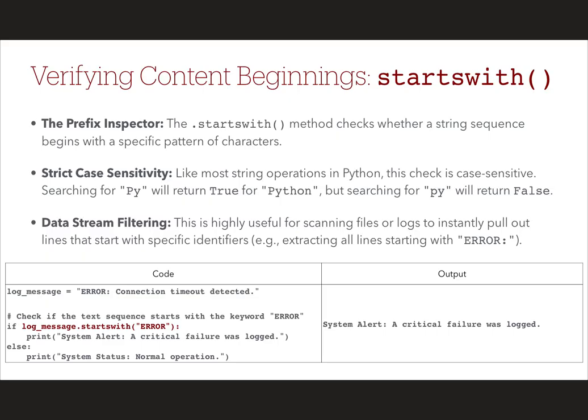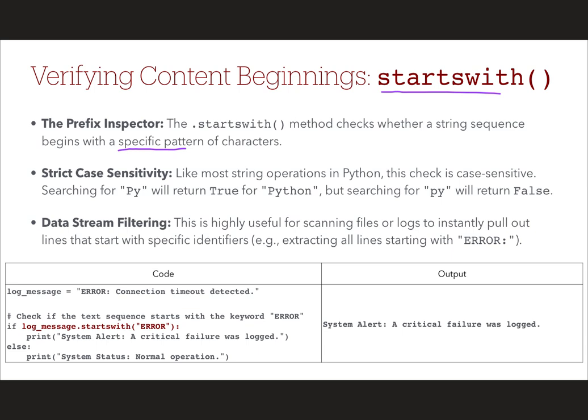Now today we will consider many other functions which can be applied to character strings. One function we first consider is the startswith function. As the name says, this one checks whether a character string begins with a specific pattern of characters.